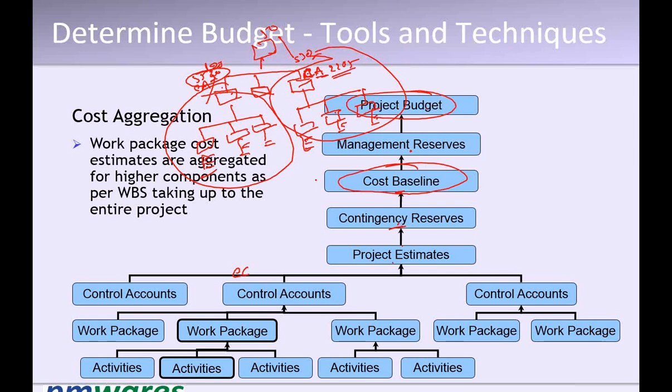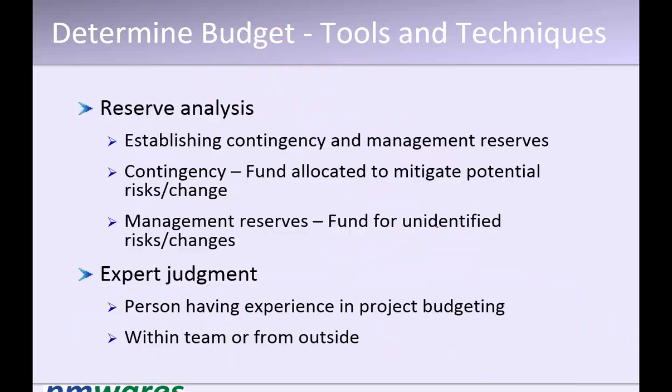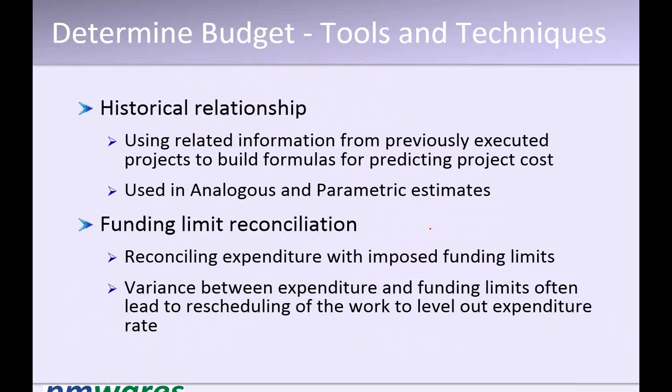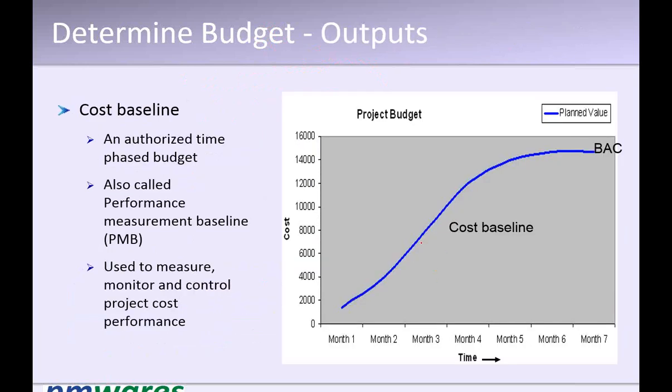The cost baseline, and where will we get the cost baseline from? It will come by distributing your estimated cost on the activities, and the activities will happen this way. Your resource or staffing level will come like this.